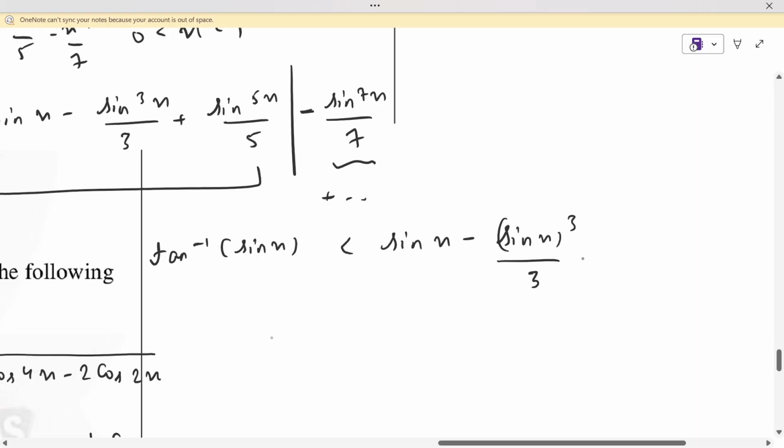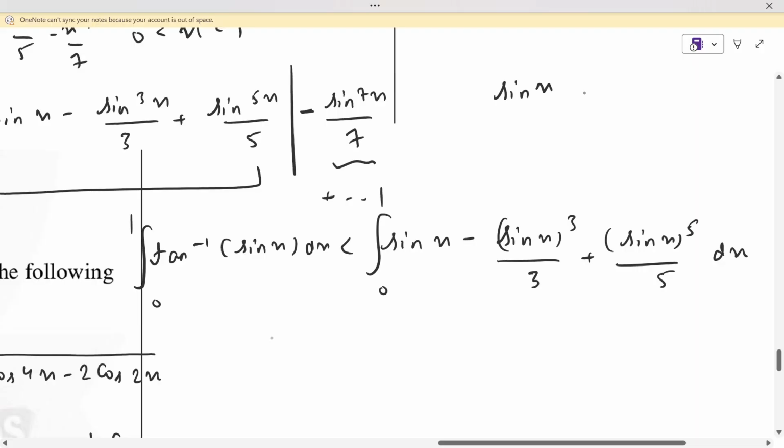Then you have to integrate from 0 to 1. Let's integrate both sides. I hope you are enjoying it. And sin x is bigger, so I can replace all sin x with it.